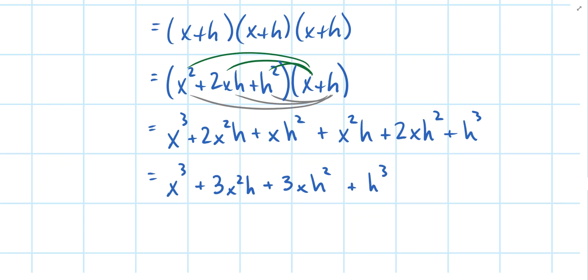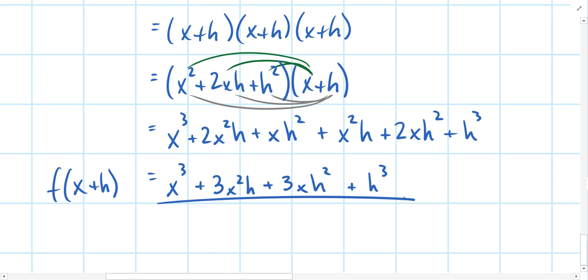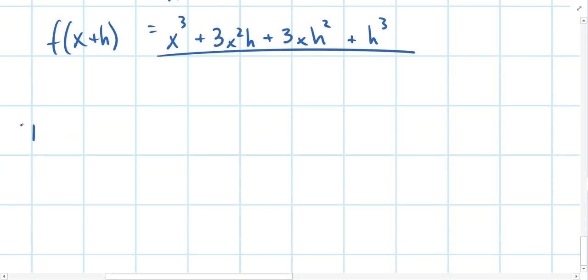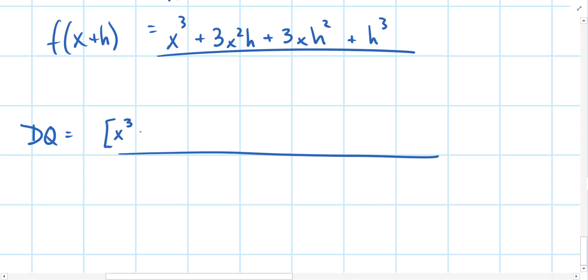There was a fair amount of algebra necessary to simplify f evaluated at x plus h, but I think this is a good result if you made it to this point. Well, now we can simplify the difference quotient. The difference quotient requires f of x plus h to be recorded first, so I'm just going to write that here in its simplified form.